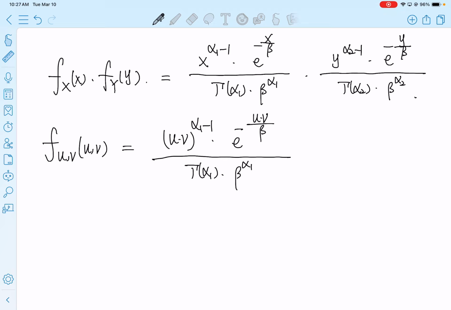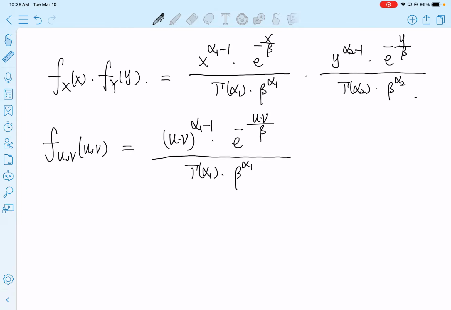What we have done here is just replacing x by the inverse function you obtained. Everywhere x appears, replace it by u times v. Now you can see that x is already removed from the picture. No more x showing up.